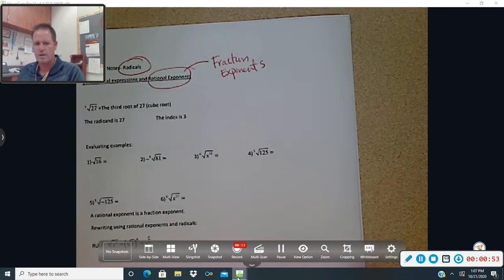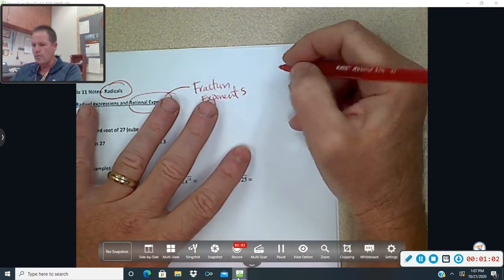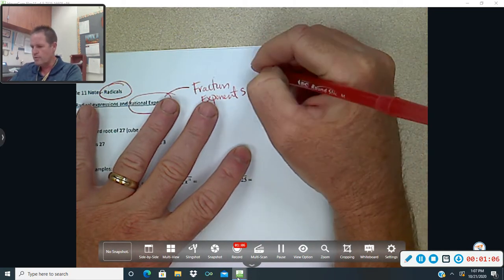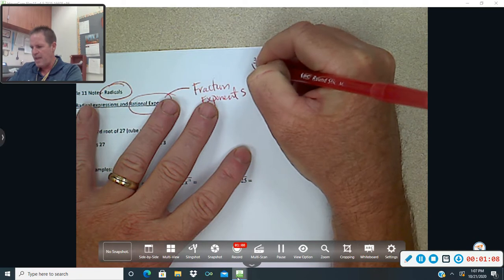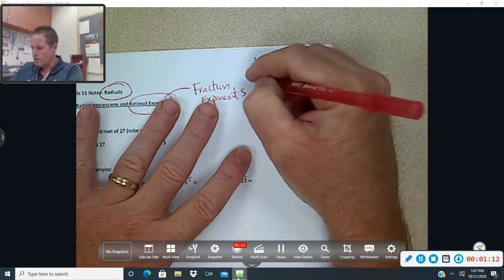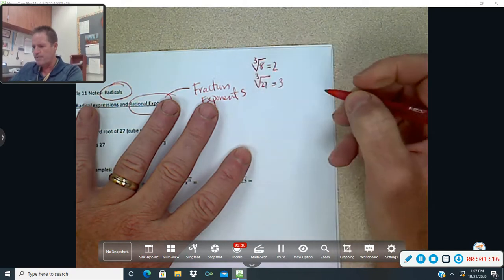So before I start this lesson, though, I wanted to take a minute to review a few roots that you should know. So let's go through a list of cube roots that you should know. Okay, so cube roots, you should know the cube root of 8 is 2. You should know the cube root of 27, that's 3.